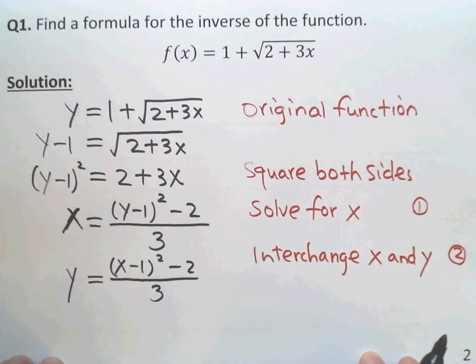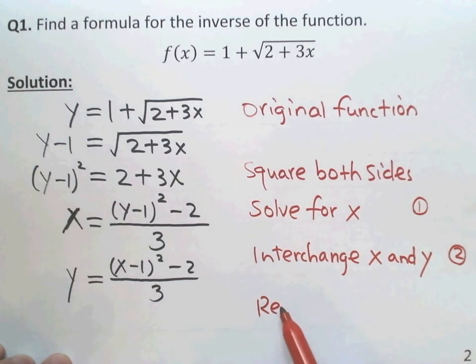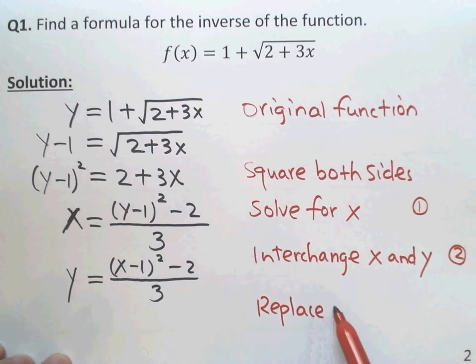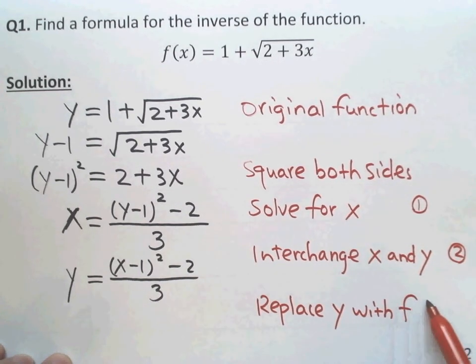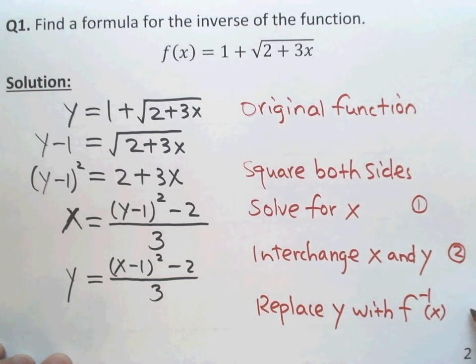We already interchanged x and y. This is already the inverse function, but we need one last step: replace y with the inverse notation. This is just the notation for the inverse, so we call this the third step.